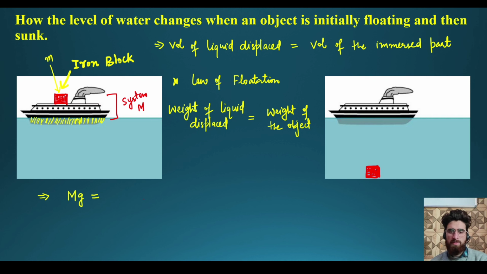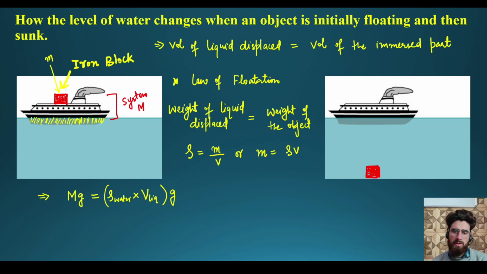Since I don't know its weight, I will use the formula density equals mass per unit volume, or mass equals density times volume. So I will express the mass of the liquid displaced as the density of water times the volume of liquid displaced, multiplied by g.